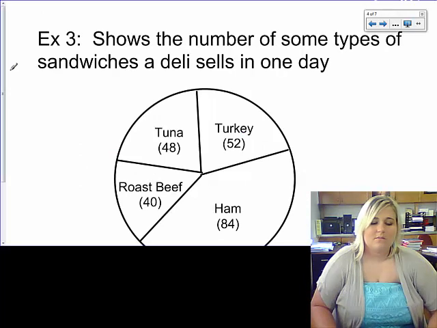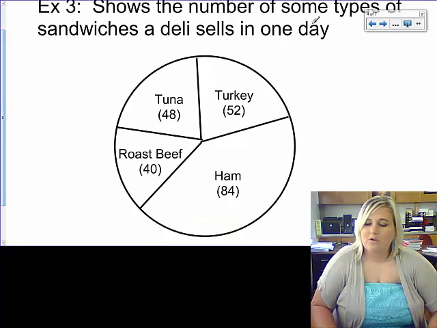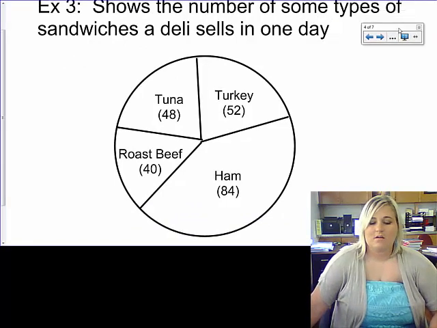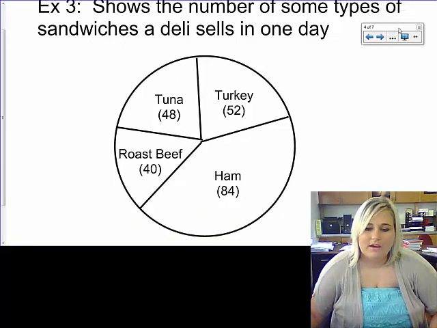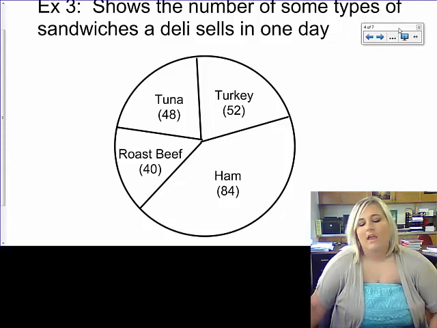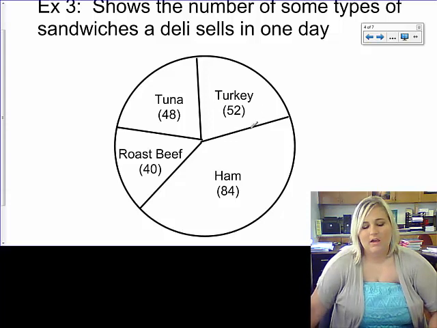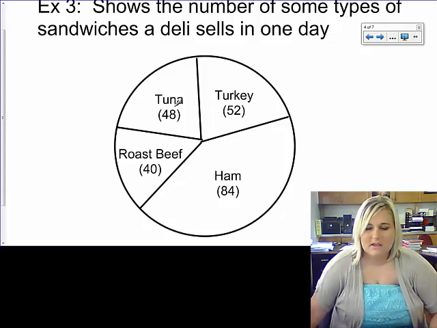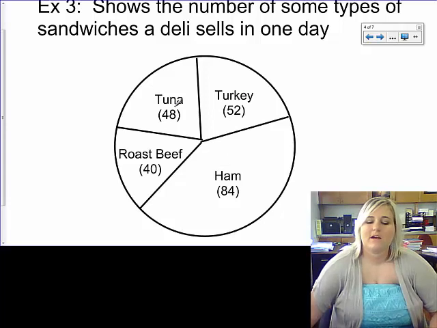Example 3 shows the number of some types of sandwiches a deli sells in one day. And they have turkey, ham, roast beef, and tuna. And we want to talk about some of the reasons that this would be misleading. The big reason is because of this word some.